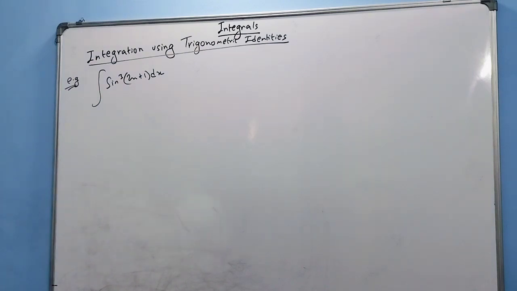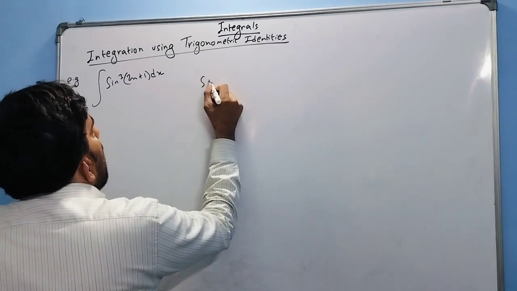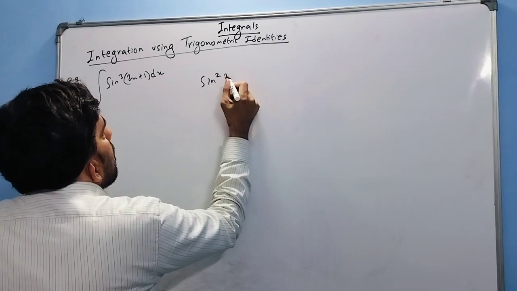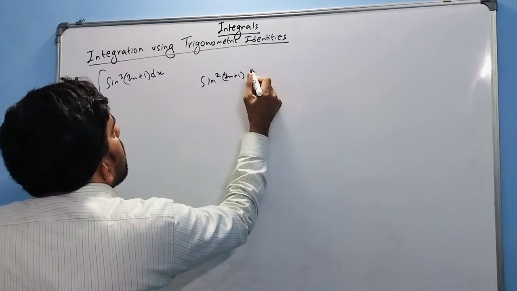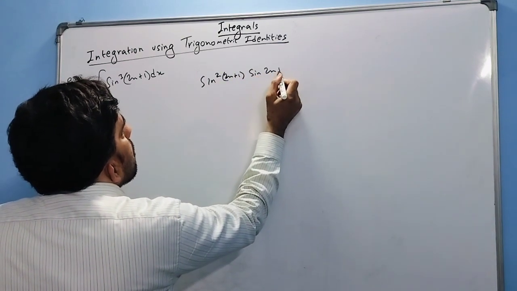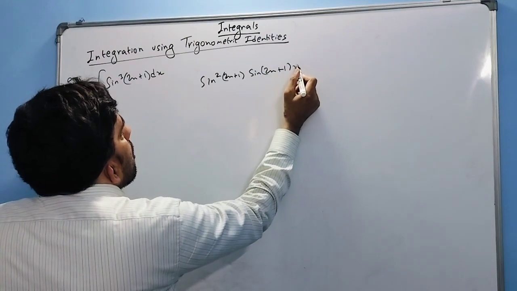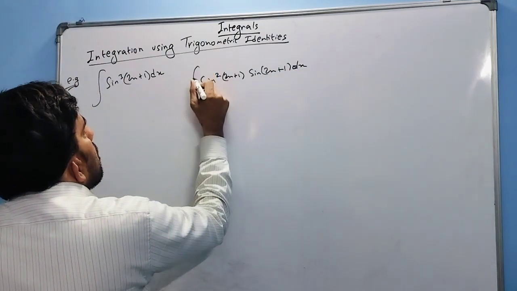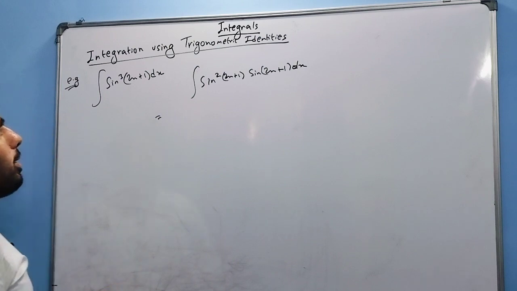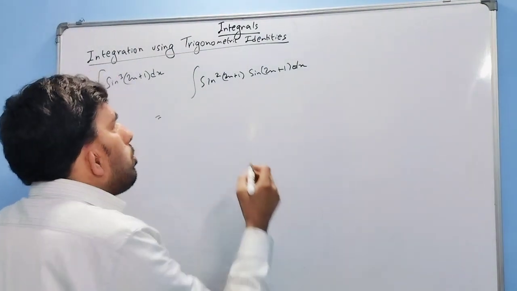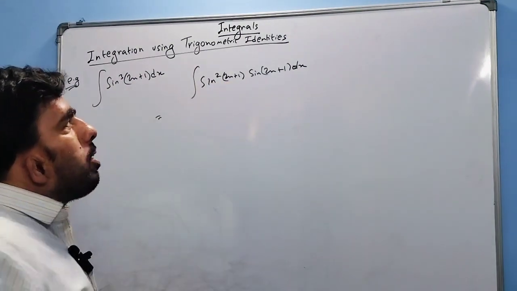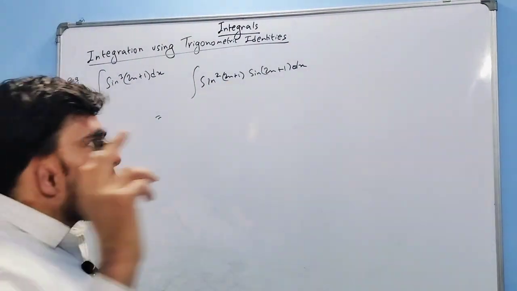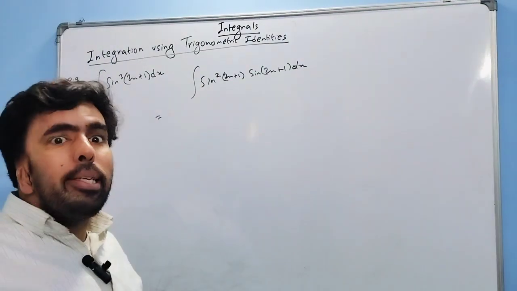Now what we can do here, we can write sine square (2x+1) into sine (2x+1) with respect to dx. We all know sine cube can be written as sine square x into sine x. Now we will use the identity sine square x plus cos square x is equal to 1, which we have learned in 10th class.